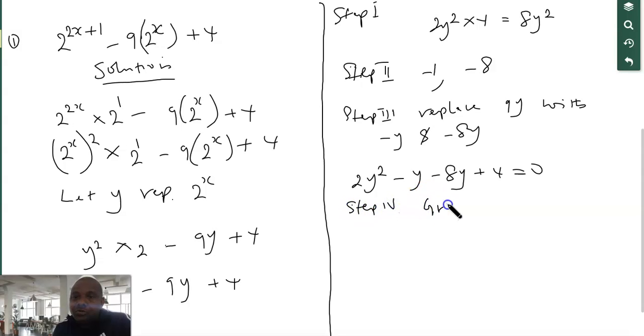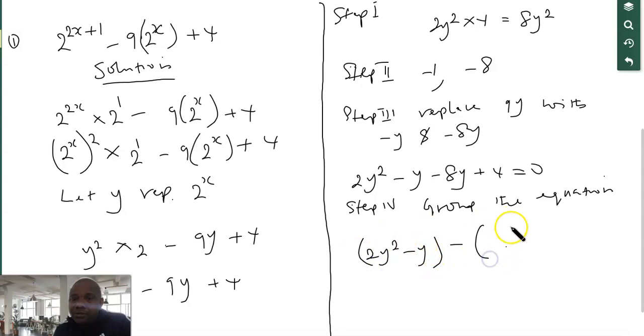We have 2y squared minus y, I'm going to group this one. Then when there's a minus sign here and you put a bracket, this plus is going to change to minus. So we're going to have minus 8y minus 4 equal to 0.